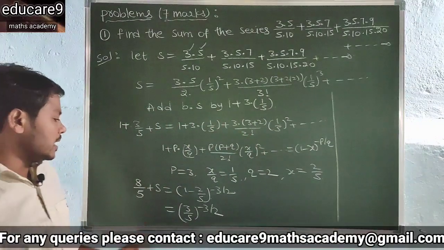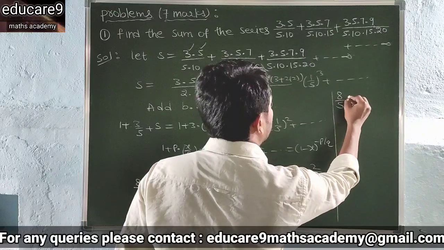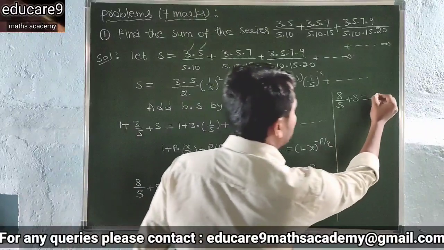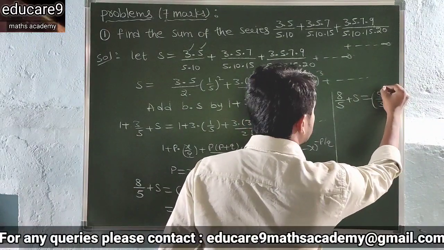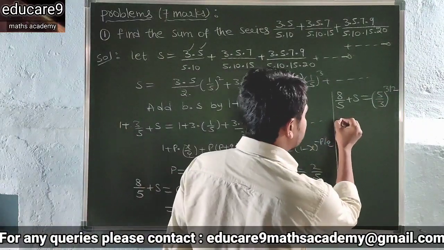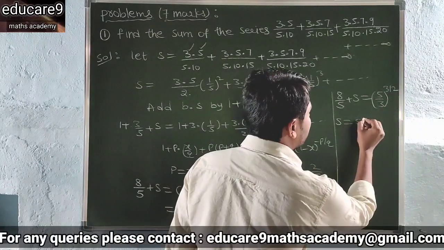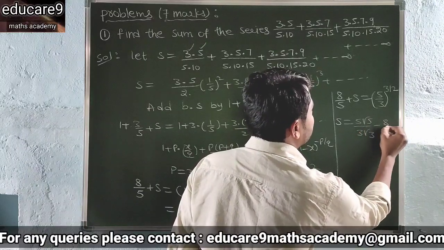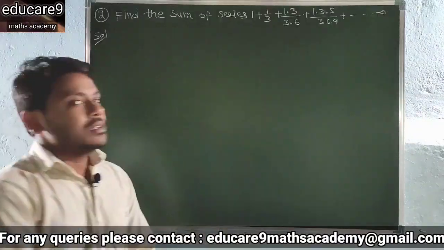So next, 8 by 5 plus S is equal to, writing the reverse, you will get the power positive, that is 5 by 3 whole to the power of 3 by 2. So from this, what is the S value? 5 power 3 by 2 can be written as 5 root 5 by 3 root 3, minus 8 by 5. So this is the sum of the given series.